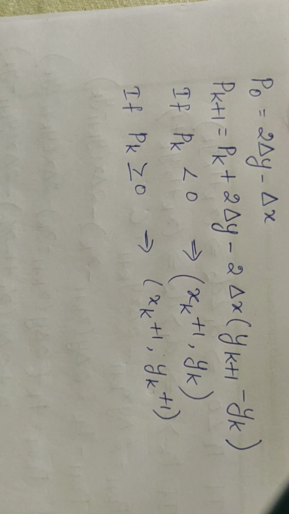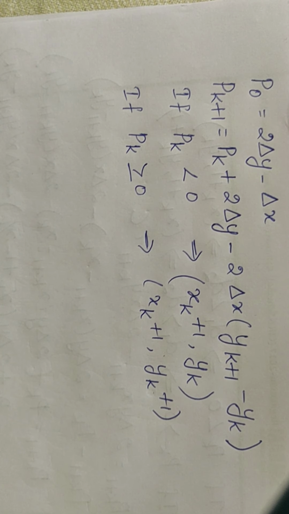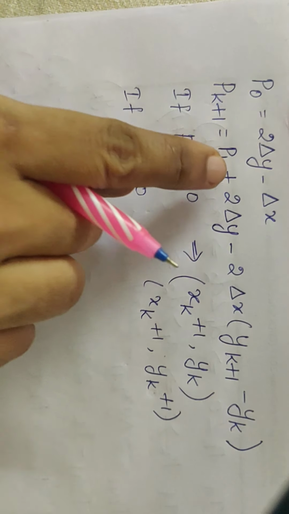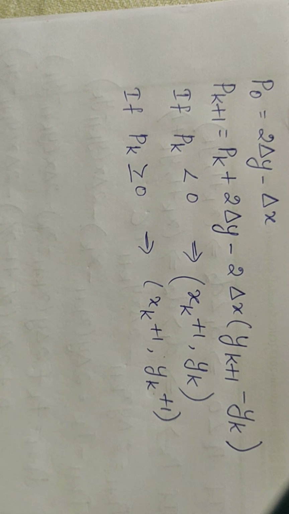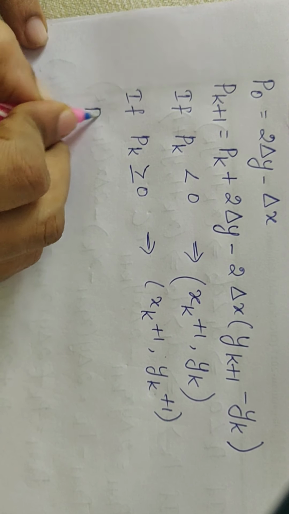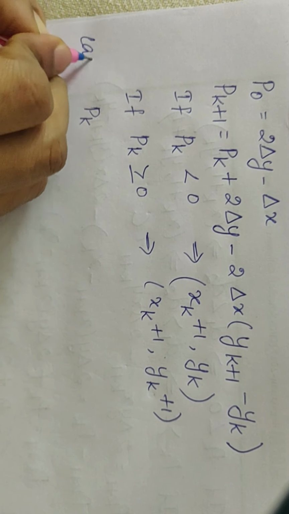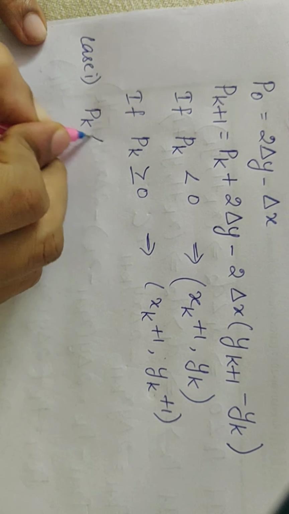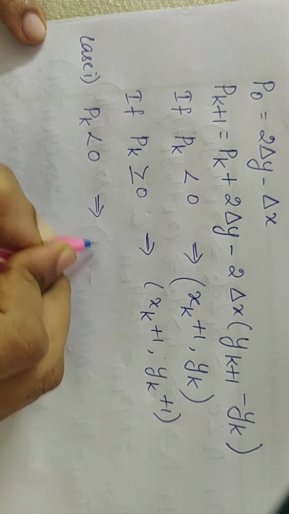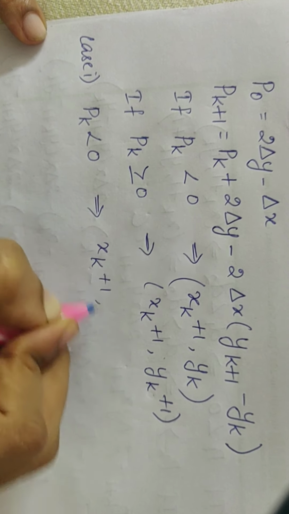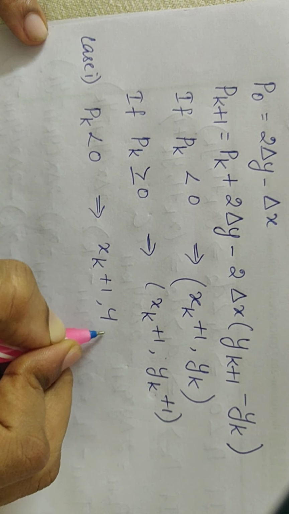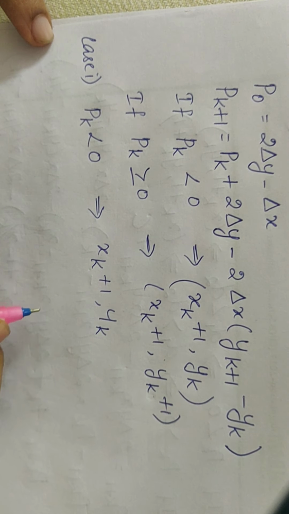For doing numericals, I will reduce this equation. So what is the first case? Case 1: pk less than 0. So what about the coordinates? xk plus 1 comma yk.